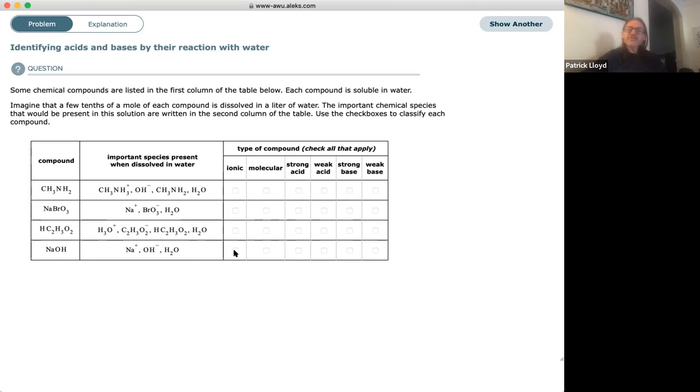We said earlier those are ionic, but I'm also going to tell you that they are strong, with the exception of magnesium hydroxide. So I would make a list of the strong acids and the strong bases. And just to help you, I'm going to list the strong acids and strong bases here, and you can put them on a little piece of paper. So here's a list of the strong acids.